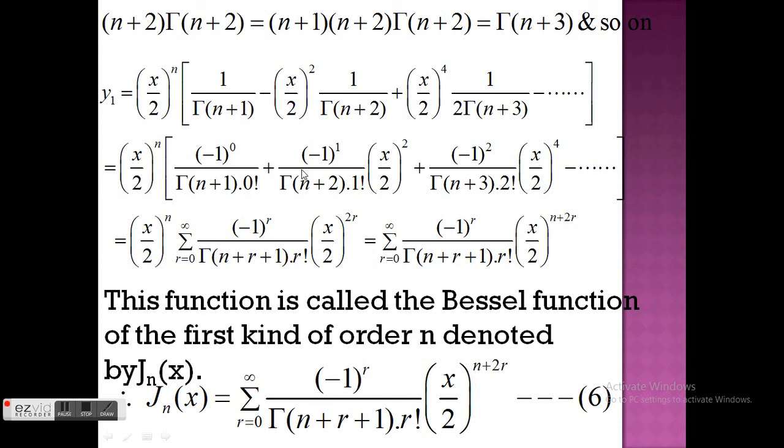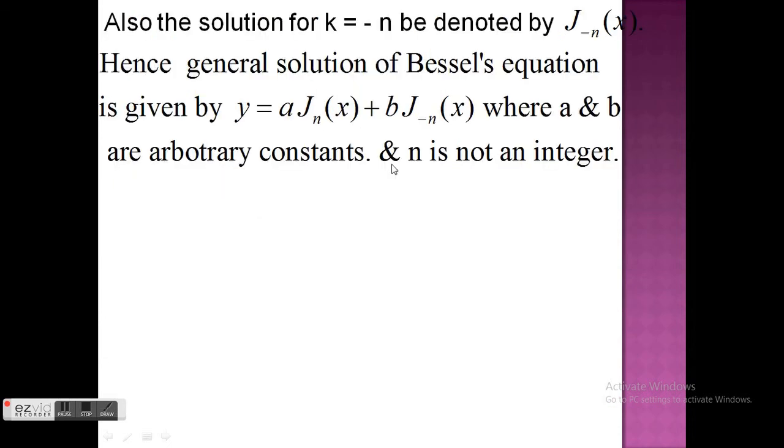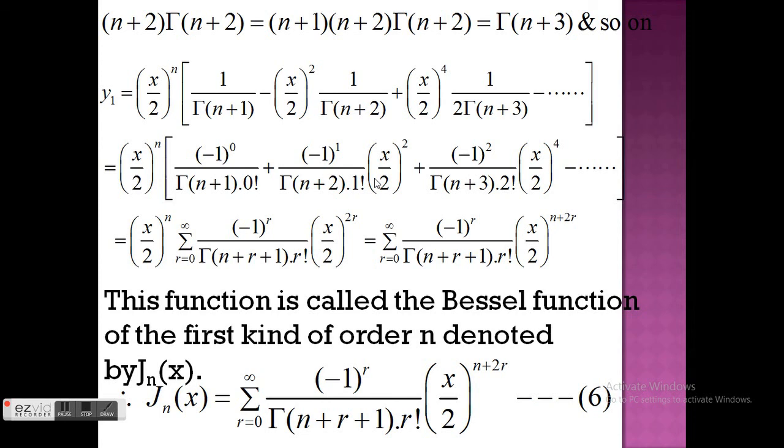This (x/2)^n I have written as it is. For 1, let me take it as minus 1 to the power 0 to generalize the formula. Anything to the power 0 is 1. By Γ(n+1) into 0 factorial, because I need to bring it into the factorial form, so I simply put 0 factorial is 1.